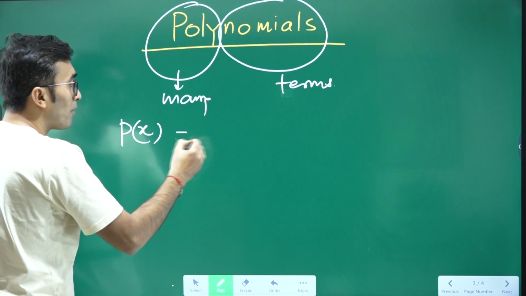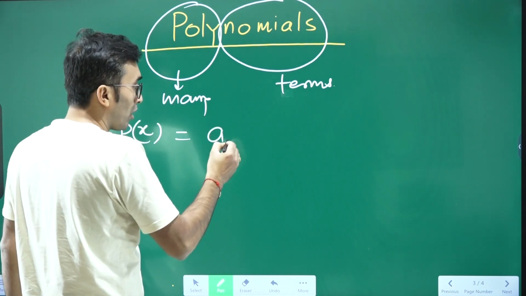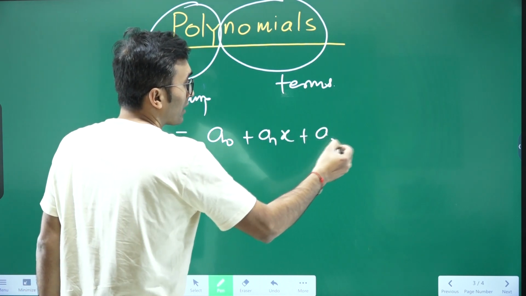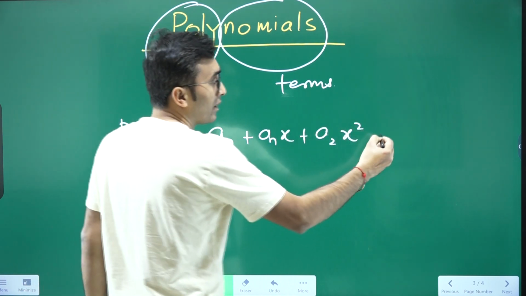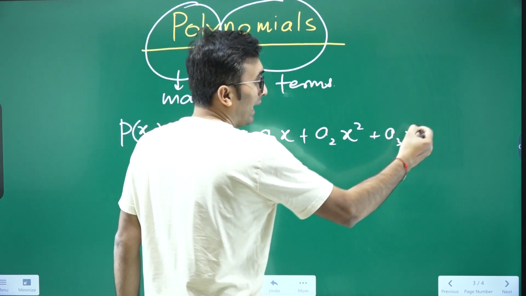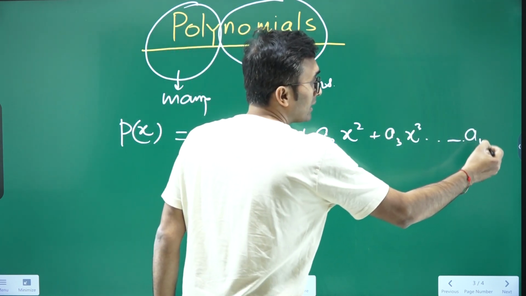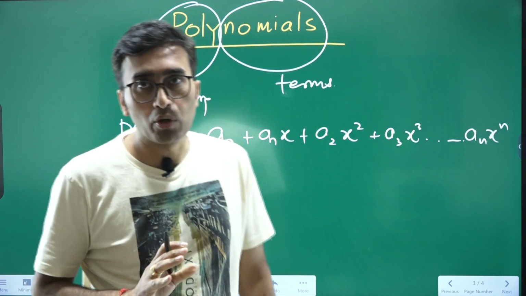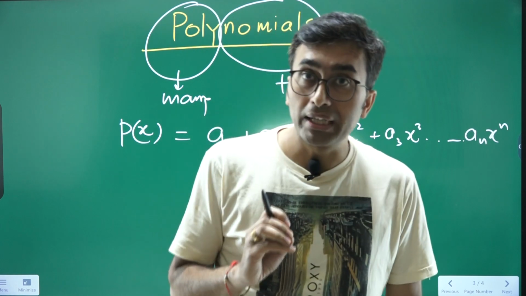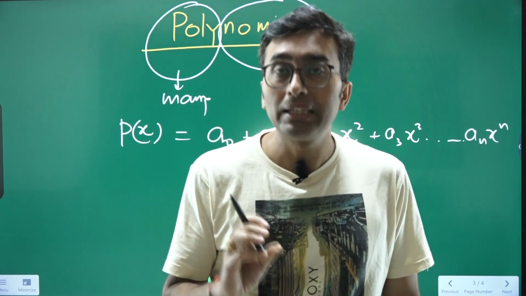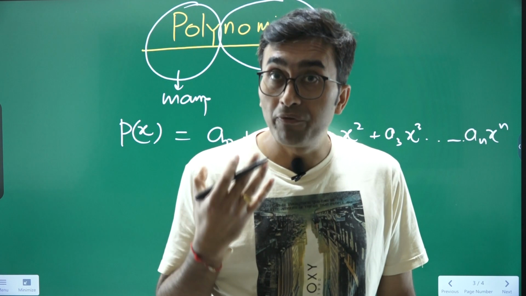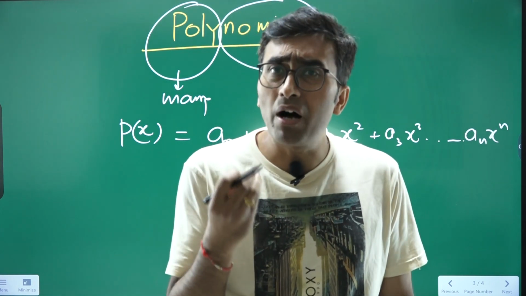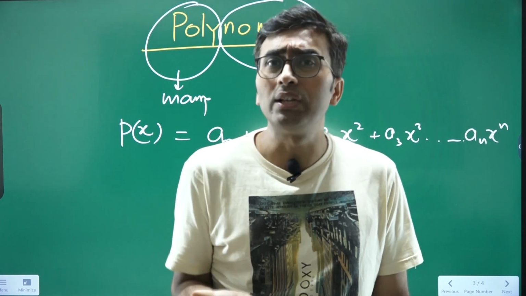The general form of it is given like a0 plus a1x plus a2x square plus a3x cube and so on, up to anxn. So this is the general expression of a polynomial, and the most important thing to be observed in the polynomial is the power of the variable should be a positive integer, or we can say the power of the variable should be a whole number.